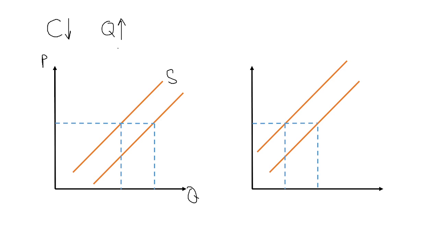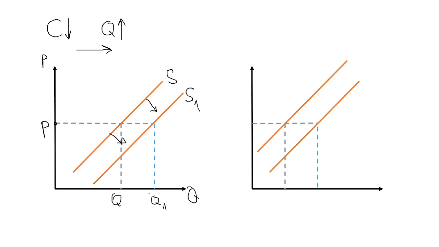As the supply quantity is increased, we need to shift the supply curve to the right, from the original supply curve to S1. As you can see, at the same fixed price, the amount of supply quantity is increased from Q to Q1.